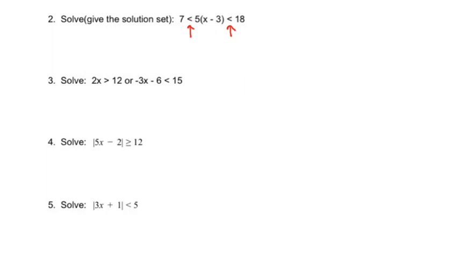So this stuff in the middle, 5 times x minus 3, has to be greater than 7, and it has to be less than 18. We write those two inequalities down. This has to hold, and this has to hold.